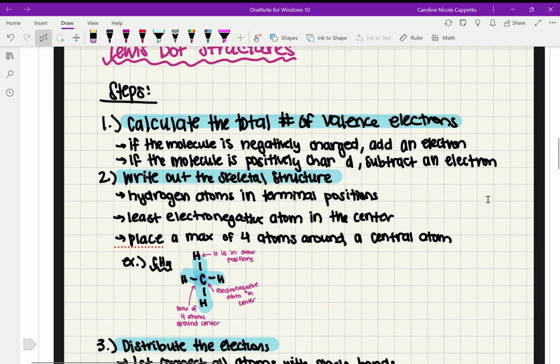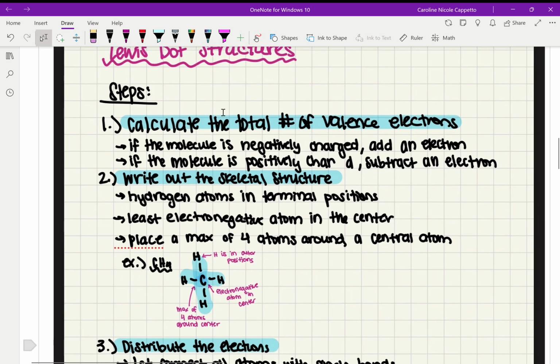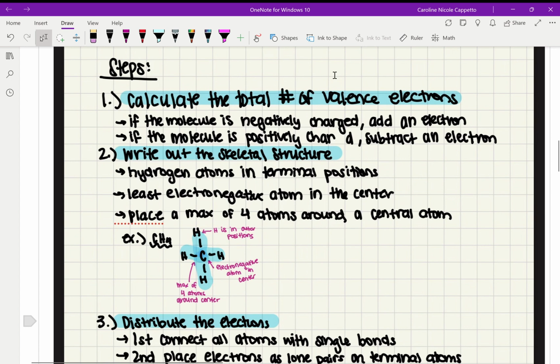And then here's a little example of what that will look like. And then so Lewis dot structures, the steps to drawing them. First, you're going to calculate the total number of valence electrons, which we learned how to do just now. And so if the molecule is negatively charged overall, you would add an electron to the total number of valence electrons, and I'll explain this later in the video.